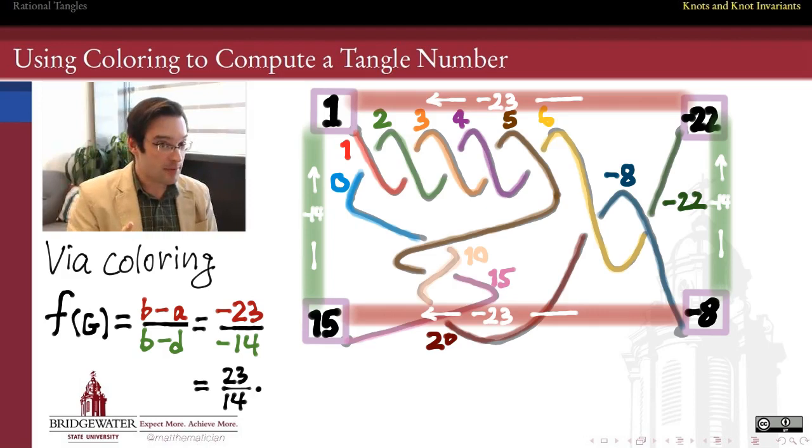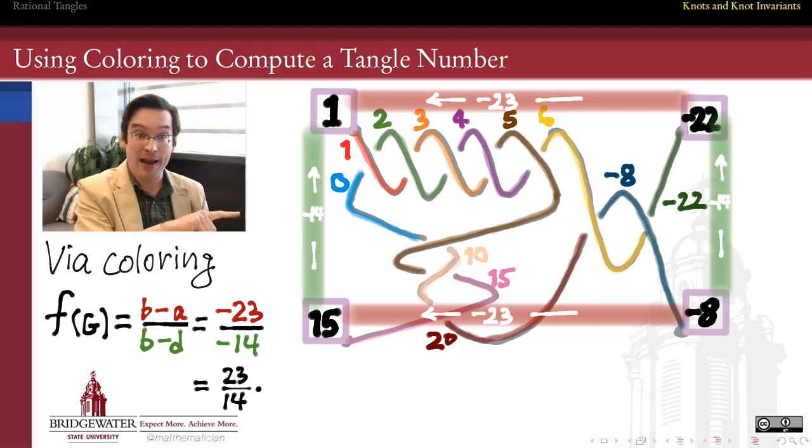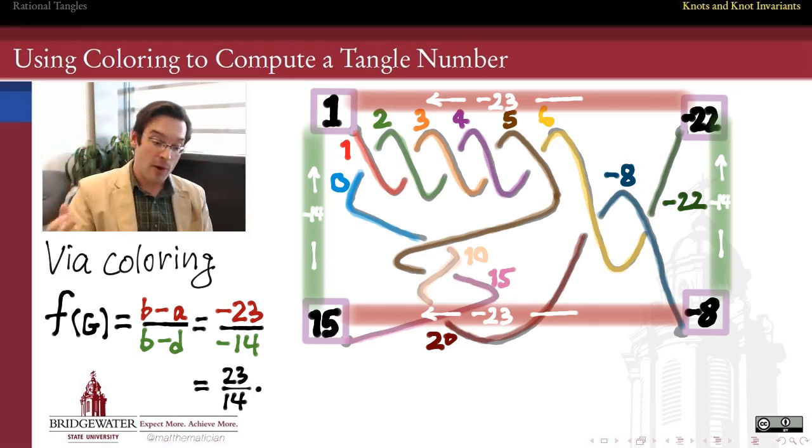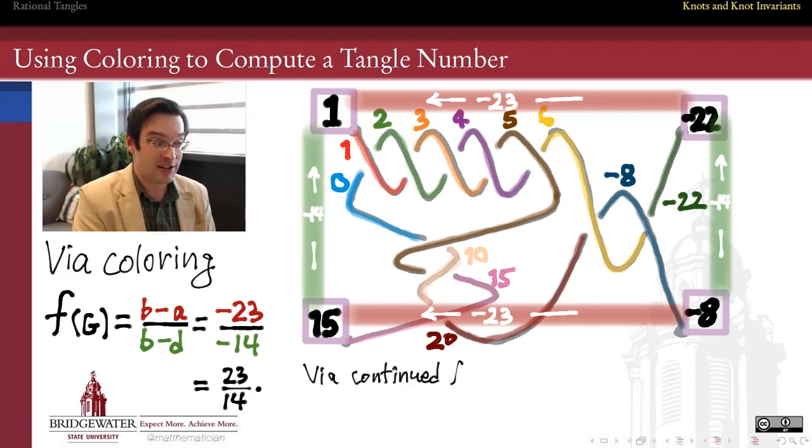Is that the same as the tangle number that we would have gotten for this rational tangle using our older method for computing tangle numbers, the continued fraction representation method? For that, we have to interpret this rational tangle as a continued fraction rational tangle. This one happens to already be in a friendly canonical form.